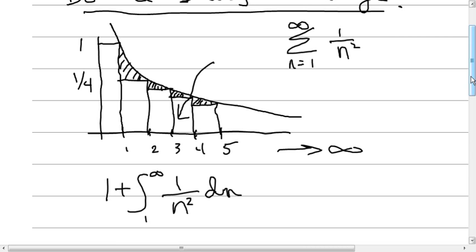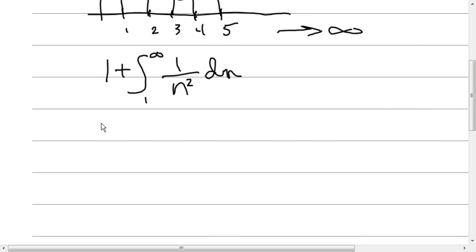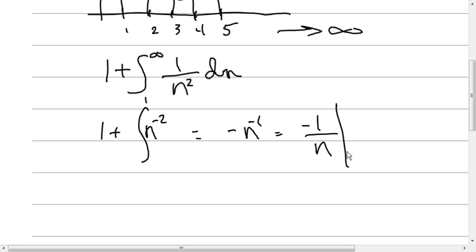So we can real quick solve this, and we get 1 plus, and this is going to be n to the minus 2, take the integral of that, and of course that's going to be equal to minus n to the minus 1, so that's equal to just minus 1 over n. Now we need to evaluate that from 1 to infinity.